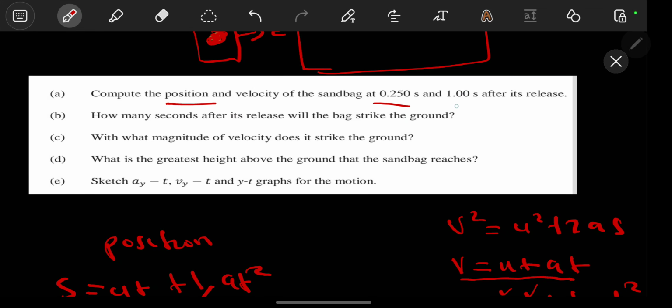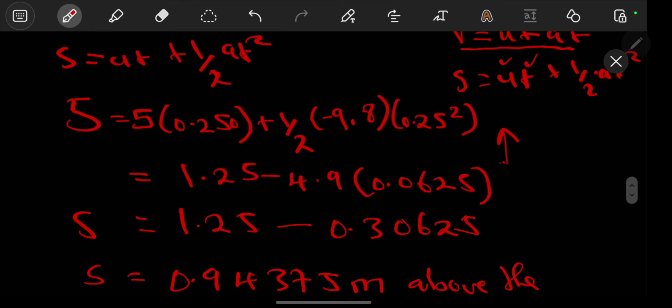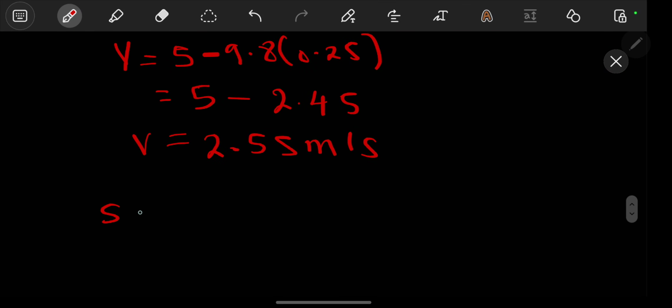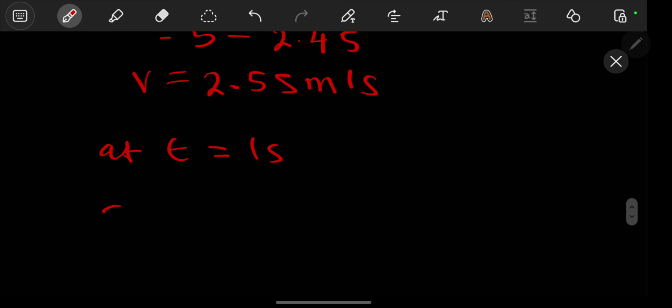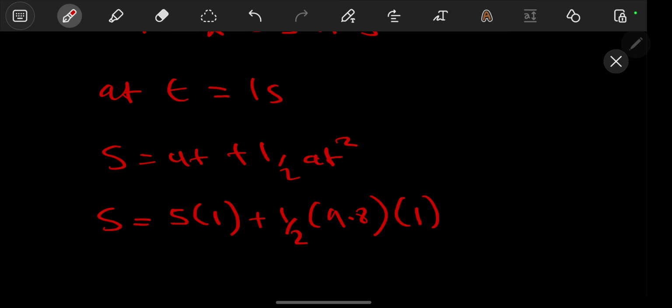The other thing is that at 1 second, we are going to use the exact same equations. Using the first equation that we used, at t equal to 1 second, S should be equal to ut plus half at squared. So our initial is 5, then the time is 1, plus our half, our A is 9.8, then T is 1 squared.